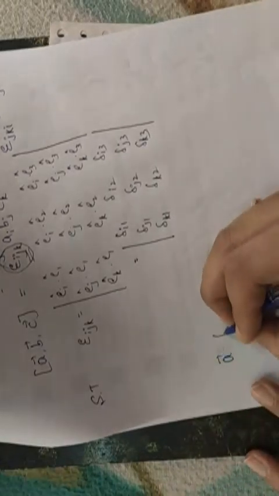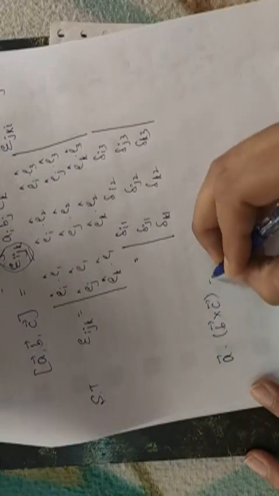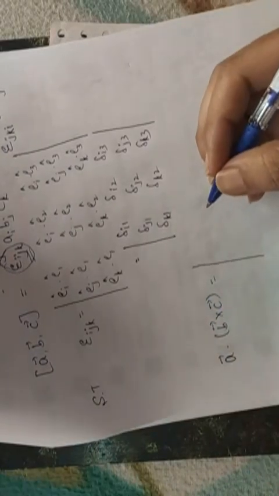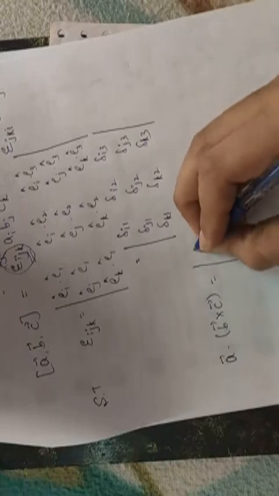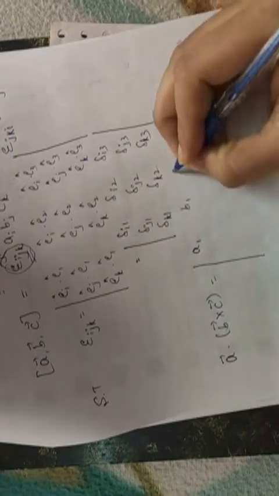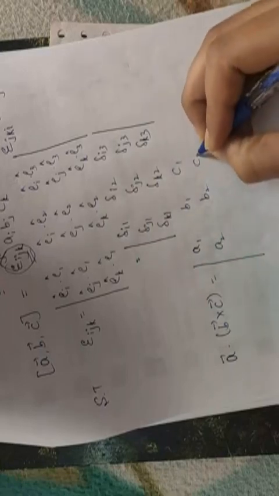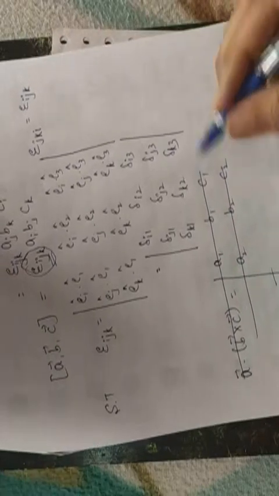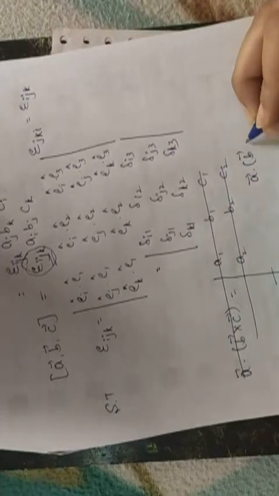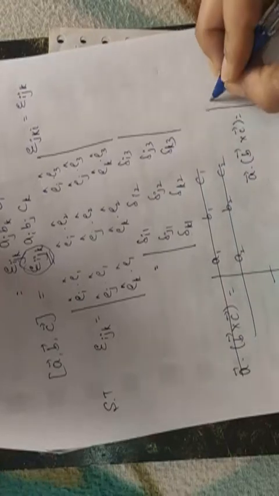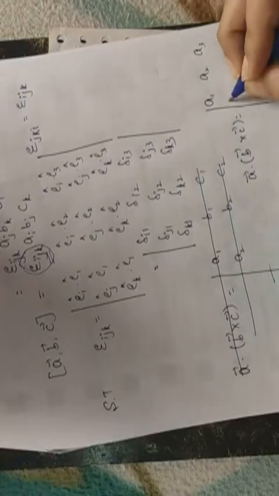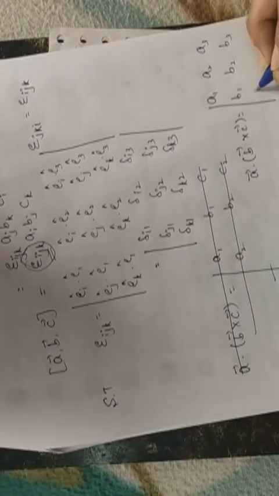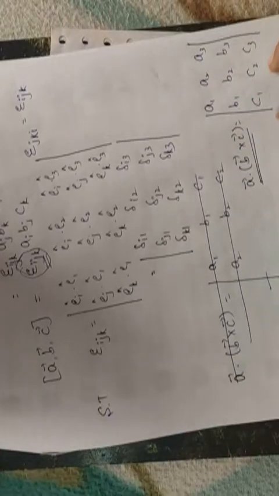So A dot vector B cross C is equal to, oh, sorry, a small correction, I will write it here: A1 A2 A3, B1 B2 B3, C1 C2 C3. I can express my scalar triple product in this form, right?